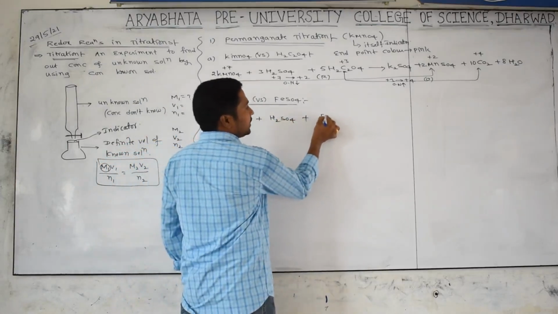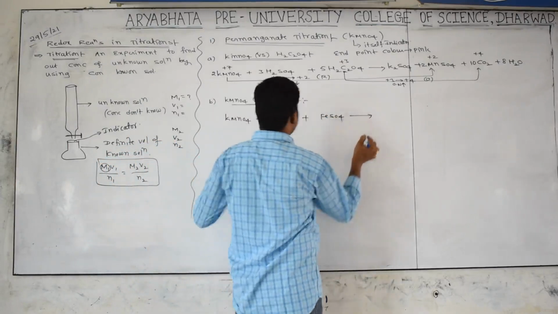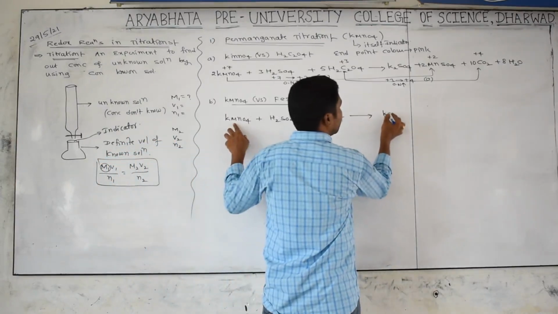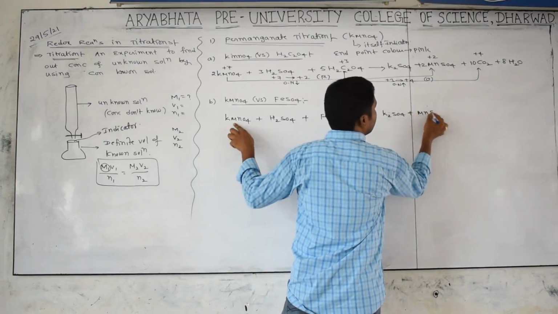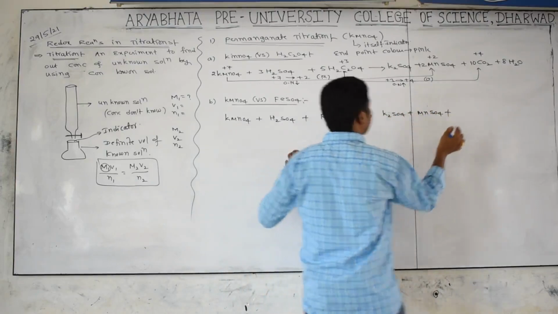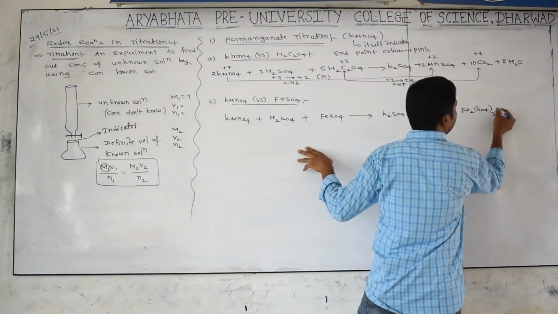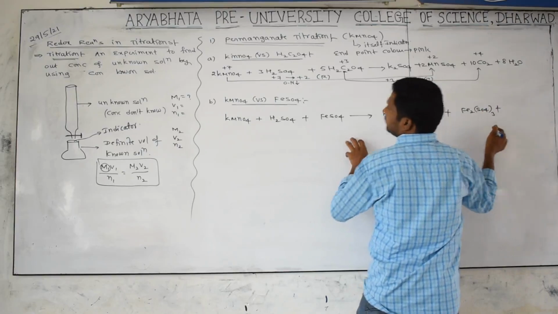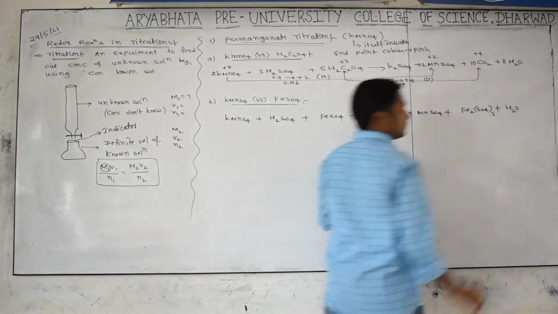Ferrous sulfate is a light greenish color solution, and what we are getting is K2SO4, plus MnSO4, plus Fe2(SO4)3, plus H2O.